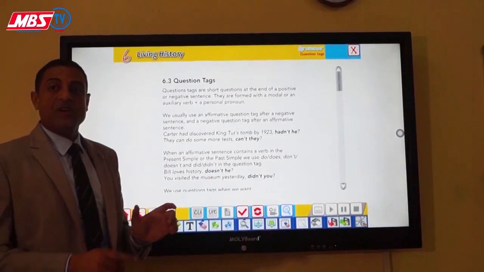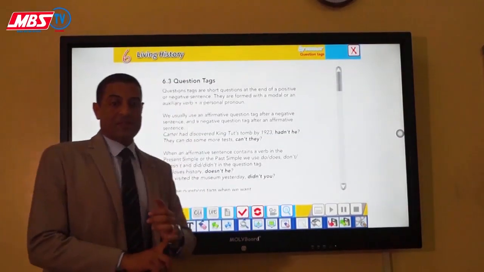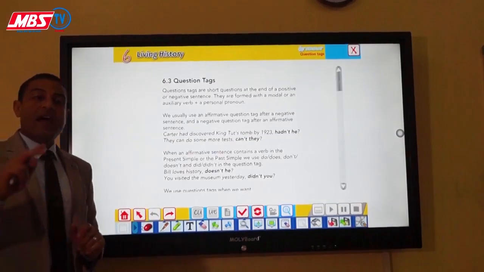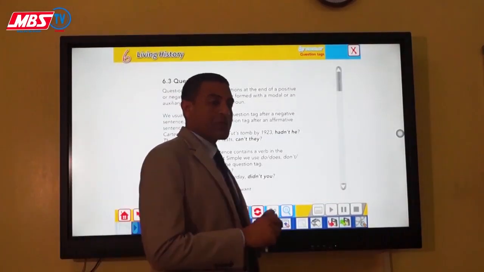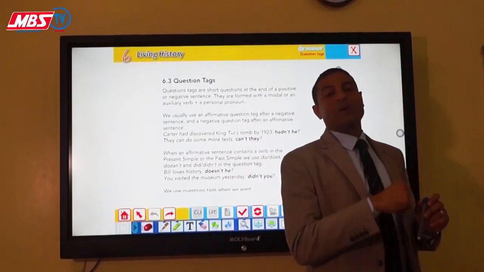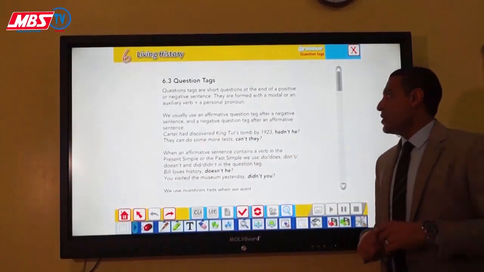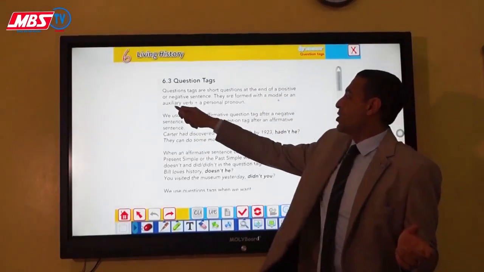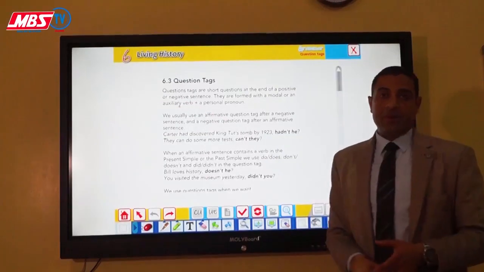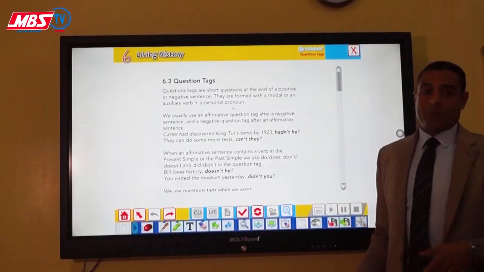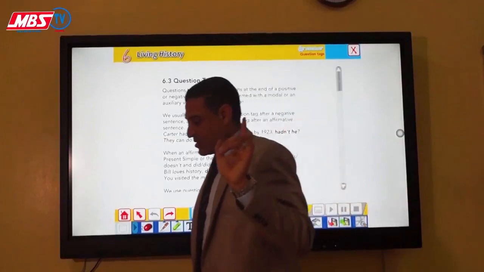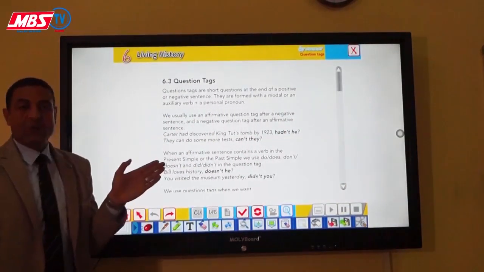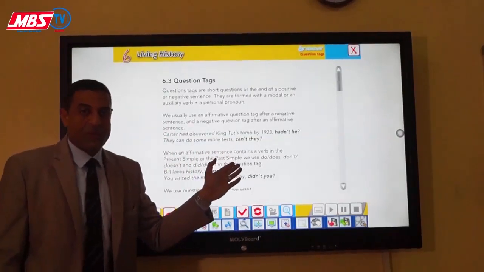We can find them at the end of the sentence. And these questions are formed of just 2 words. One of them is a modal or auxiliary verb together with a personal pronoun. So don't get confused. Don't use any names. Don't use any nouns. Just use the personal pronouns.